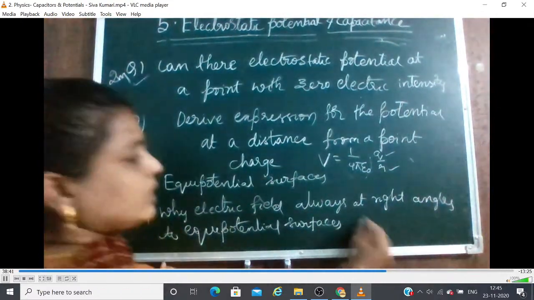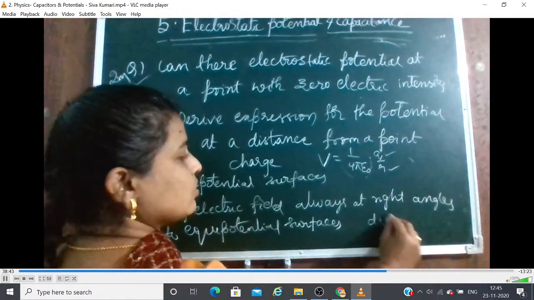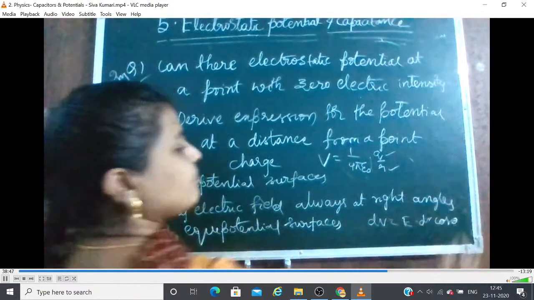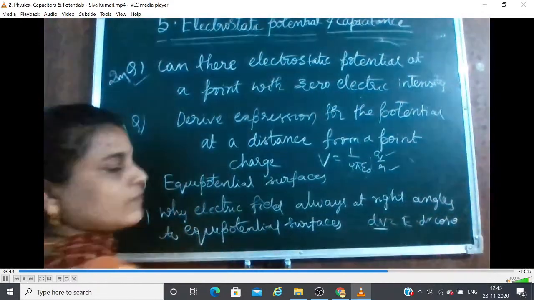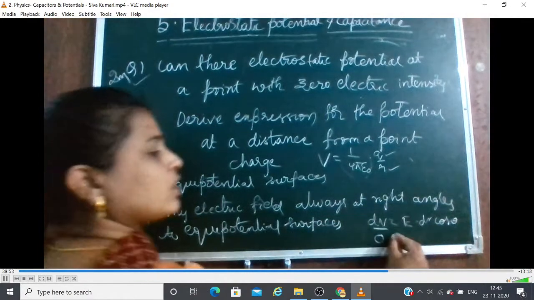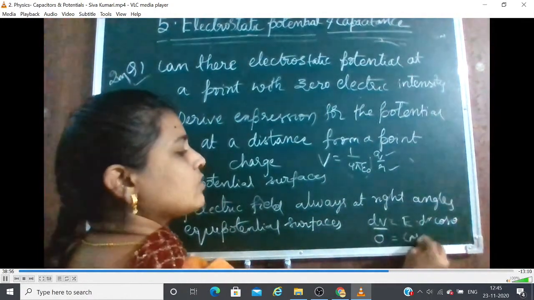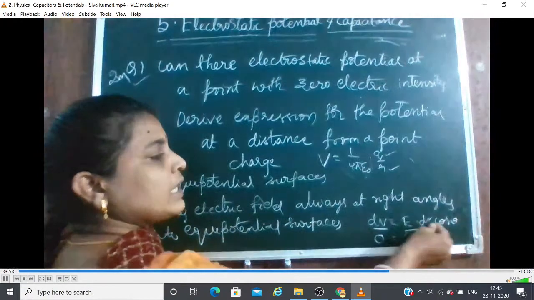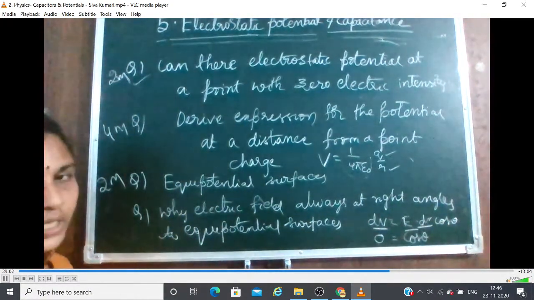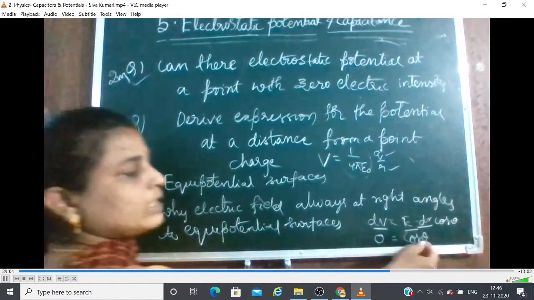Why? Because we have the equation dV is equal to E dot dr cos theta. From this equation, dV, the difference in the potential for the equipotential surfaces, is 0. So automatically cos theta is equal to 0. Why? Because the electric field intensity is not equal to 0 and the distance or radius is not equal to 0. So what is equal to 0?